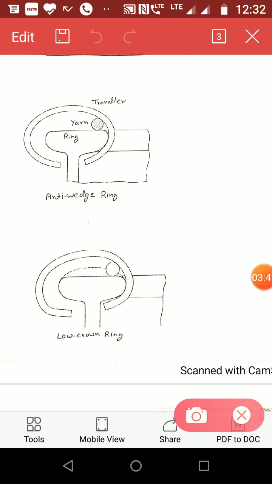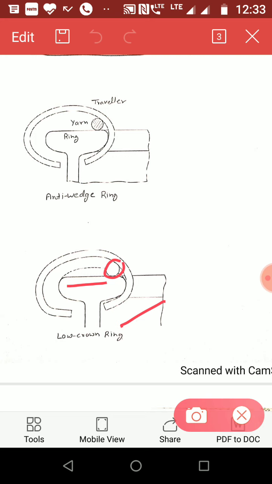Second type of ring is anti-wedge low crown ring. In low crown ring, the curvature of upper surface has been somewhat flattened as shown in this diagram compared with ring used up to that time. This gives more space for the passage of the yarn so that the curvature of travelers can also be reduced. We can take oval or flat travelers and the center of gravity is lowered.